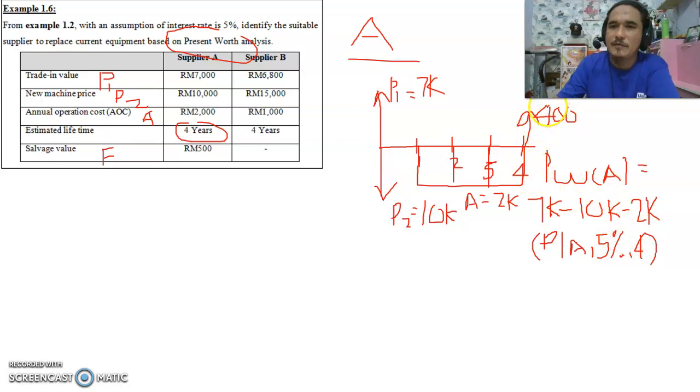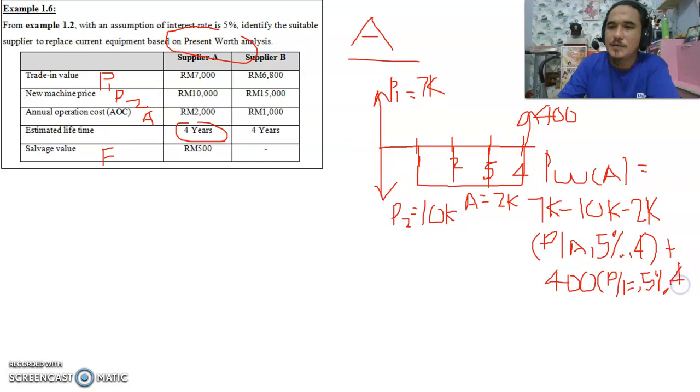And we have the salvage value plus 400. 400 is F, so we want P given F, 5% and 4 years.